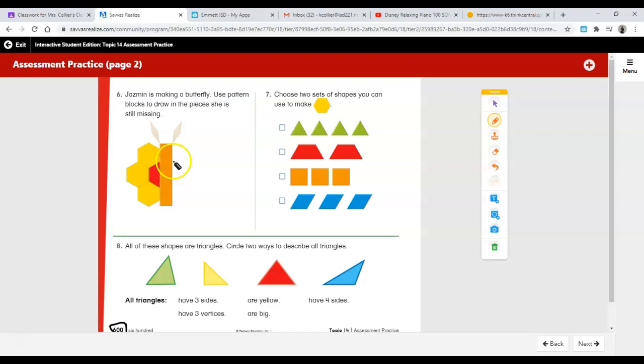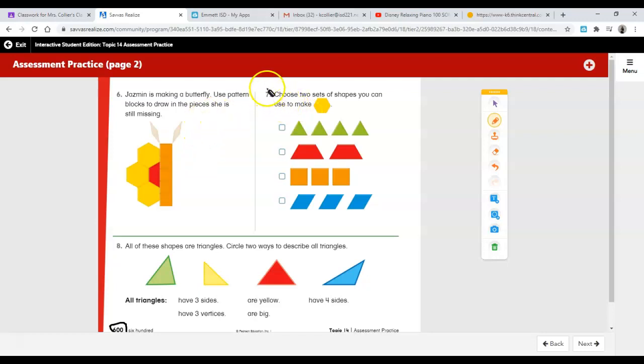Draw the trapezoid and the 3 hexagons around it. So it's going to look just how this side does. It's just on this side of the butterfly. I know we don't have pattern blocks, so if you cannot get it perfect, that is okay. But it should look as close as you can get it to this side of the butterfly. I want you to draw it on this side here.